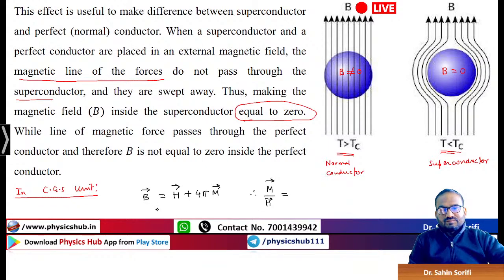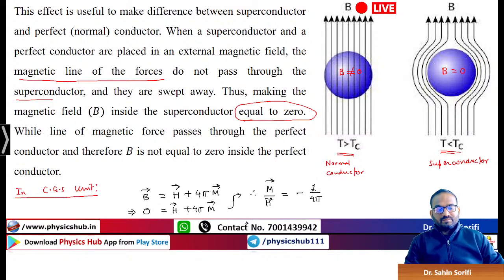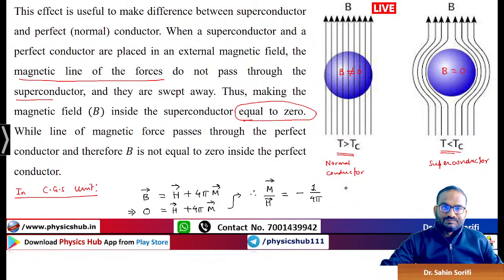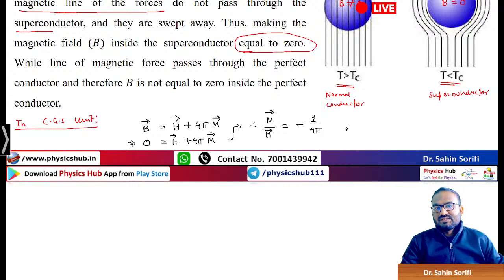You can say the magnetic field is 0 inside. So 0 is equal to H plus 4 pi M. From here, M by H is equal to minus 1 by 4 pi. And this ratio of M by H is known as the magnetic susceptibility. So you can see the magnetic susceptibility is negative.